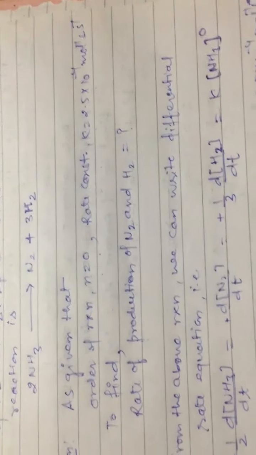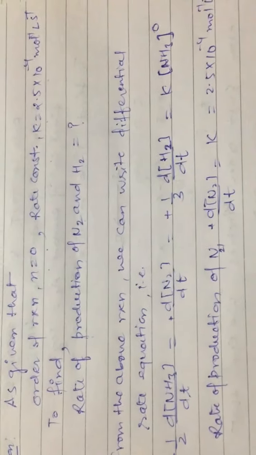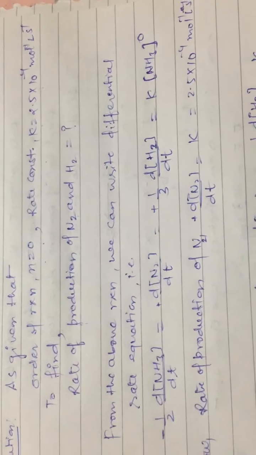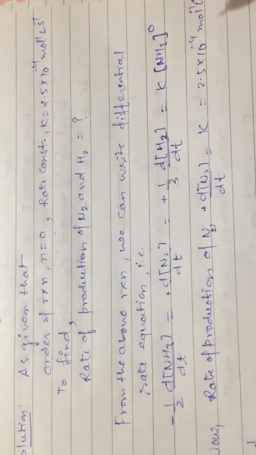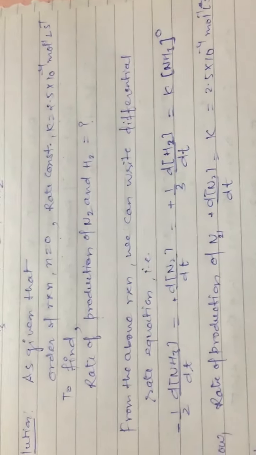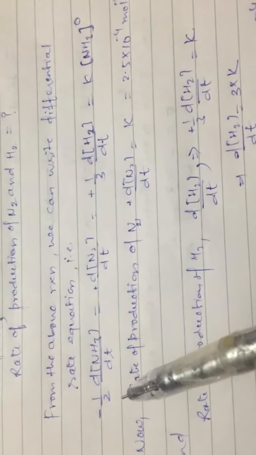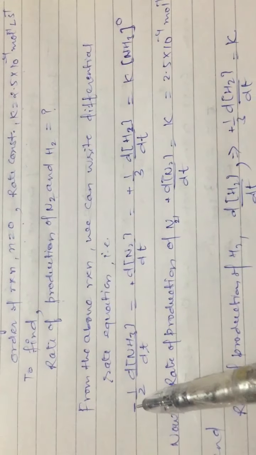and H2. So as we can see, this is a question from chemical kinetics, and to solve it, first we have to write the differential rate equation for the above reaction.